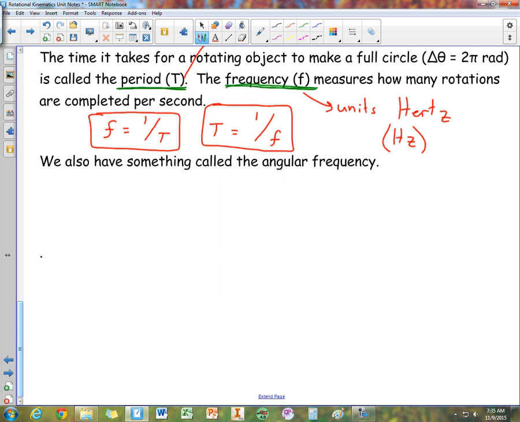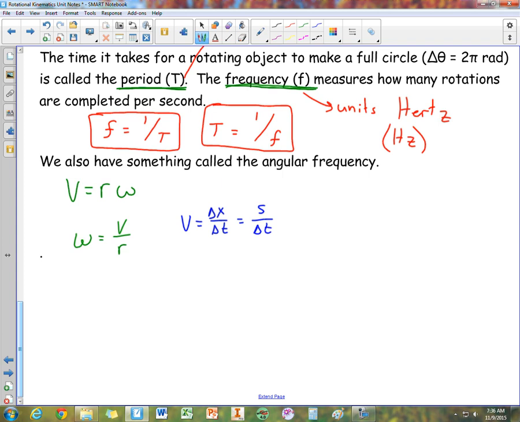Now we also have something called angular frequency. Going back to our bridge, looking at this means that omega is linear velocity divided by radius. And if we think about our linear velocity, which is delta x over delta t, well, that would be the same thing as our arc length over delta t if we have something moving in a circle.